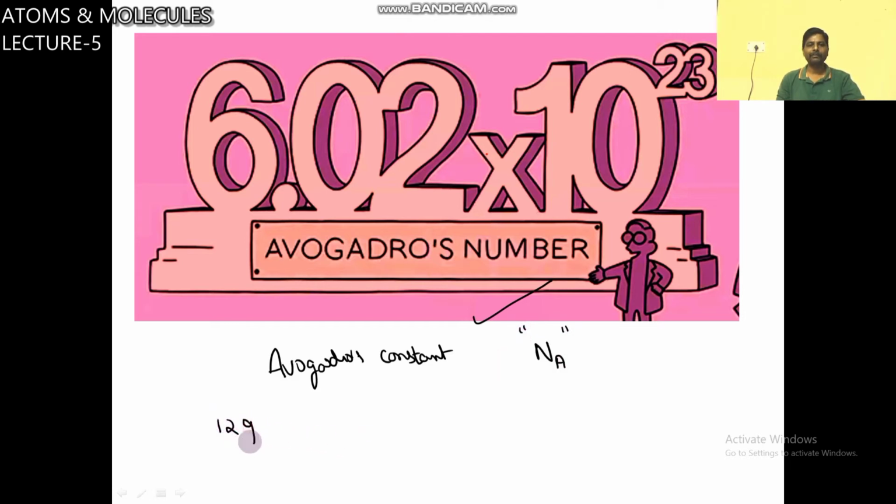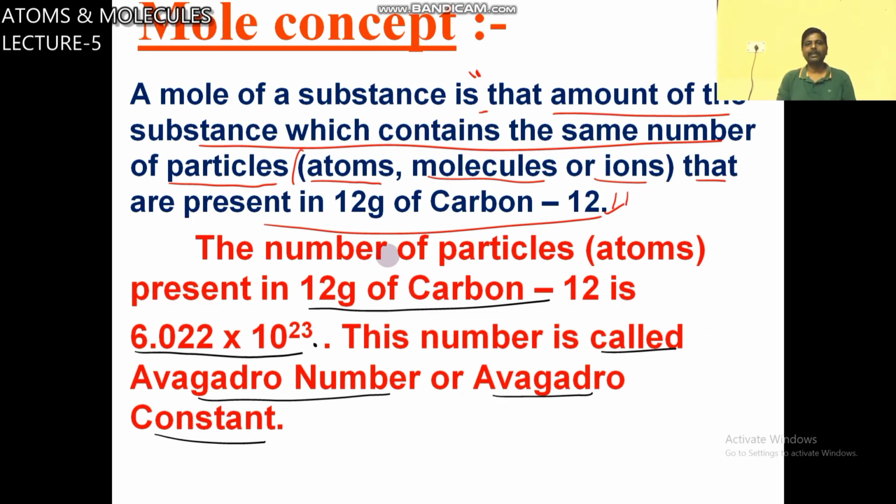In 12 grams of carbon, how many atoms are there? The number of atoms in 12 grams of carbon is equal to the Avogadro number, 6.022 into 10 to the power of 23.